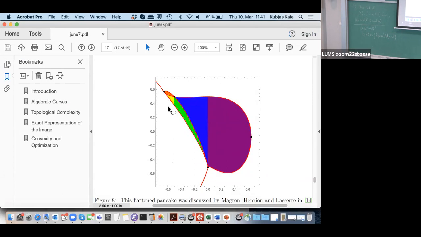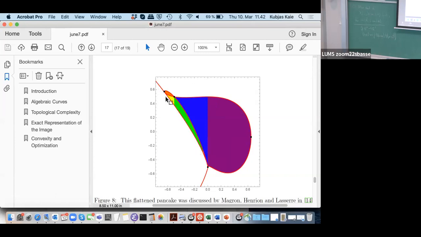Sorry, that was the folding. So this is this curve over here where the folding happens. Do you understand why I say folding? You should imagine this is like a pancake, and then you flip half of the pancake. So that's what's happening, and this is where this flipping happens.